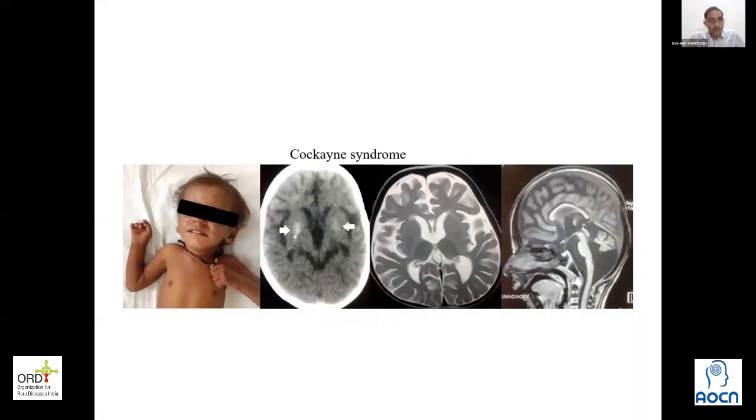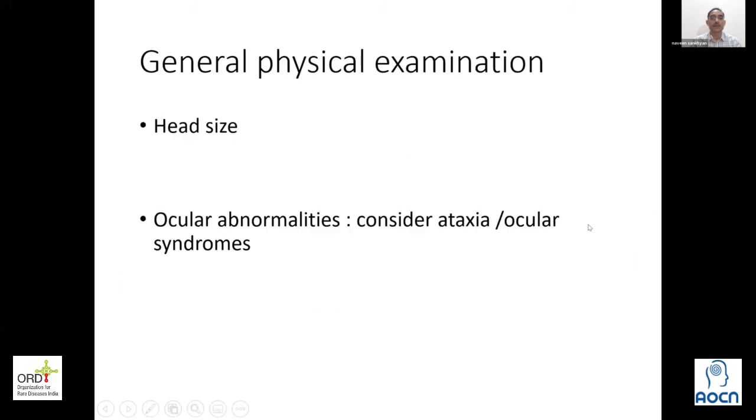So here is an example of a child, and look at the facial appearance, where there is a photosensitive rash, a little old-looking appearance, and failure to thrive. The patient had basal ganglia calcifications, myelin abnormality, and thinning of the cerebellum as well as thinning of the corpus callosum. So this was Cockayne syndrome.